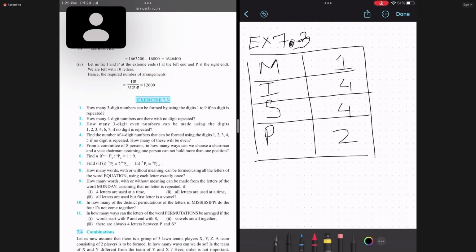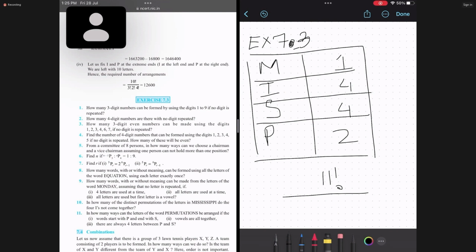Whenever you are calculating permutations of a word wherein the letters are repeating, all you do is permute all the letters as if they are distinct, because the number of letters in Mississippi is 11. So I'll write 11 factorial and divide that by the number of repeating letters.